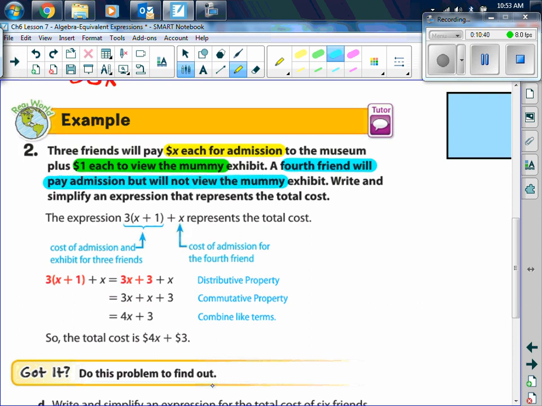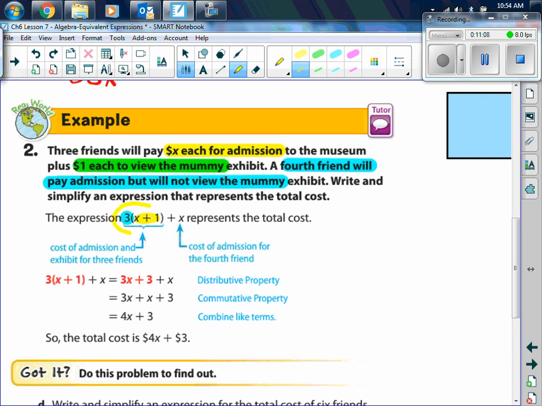So how many people are going to see the mummy? Three, right? 3 people are going to see the mummy. So this number right here tells me how many people are going to see the mummy. The information inside this parentheses tells me how much somebody has to pay, that's the admission, the x, plus the $1 to see the mummy.